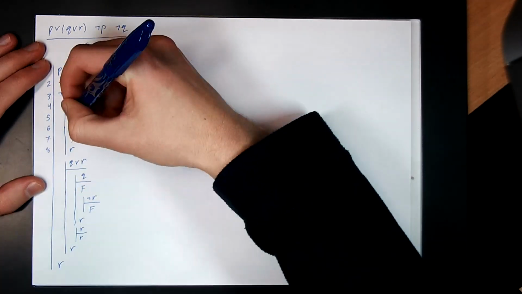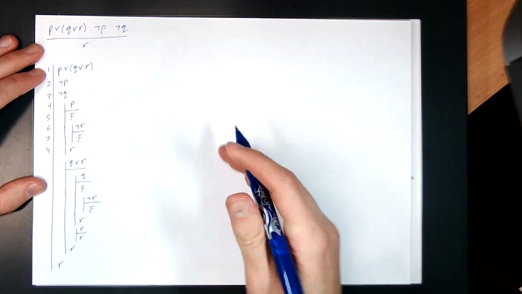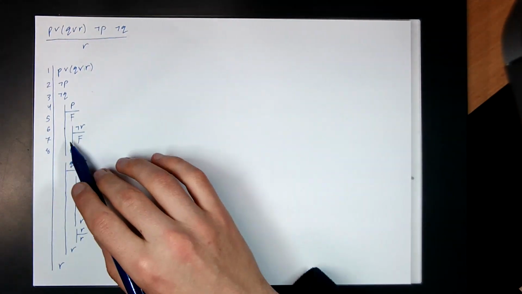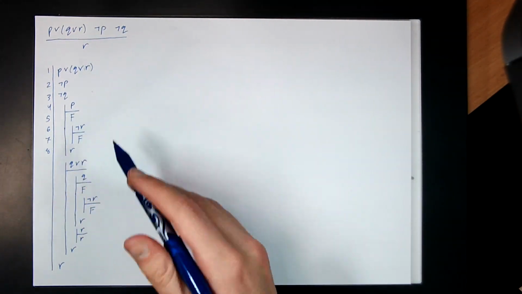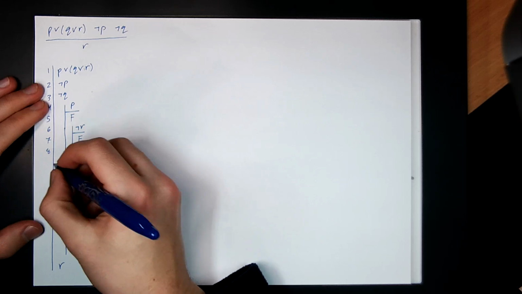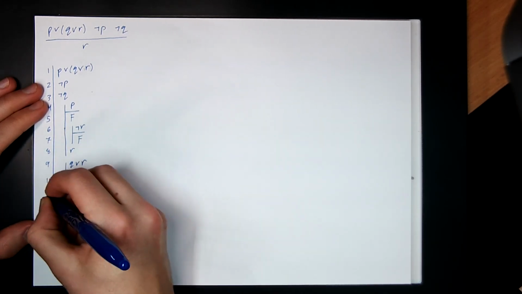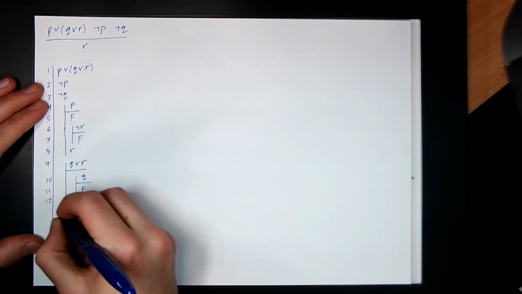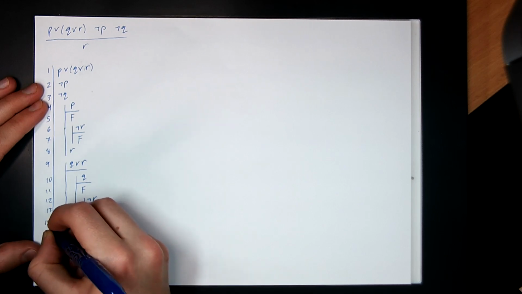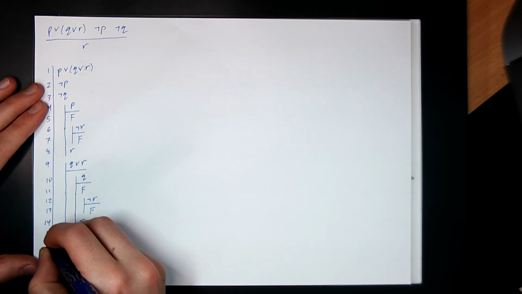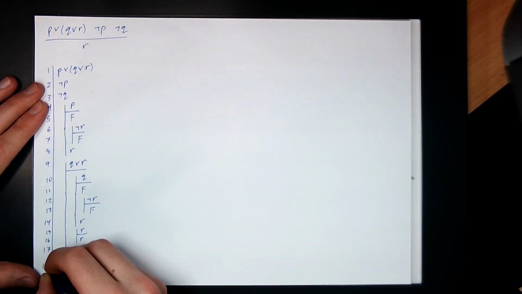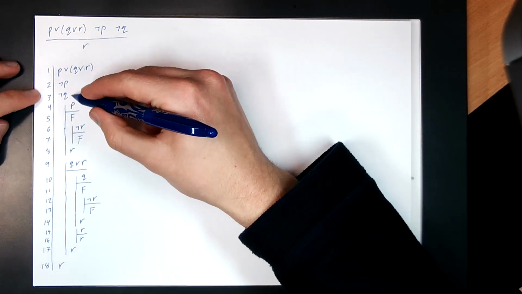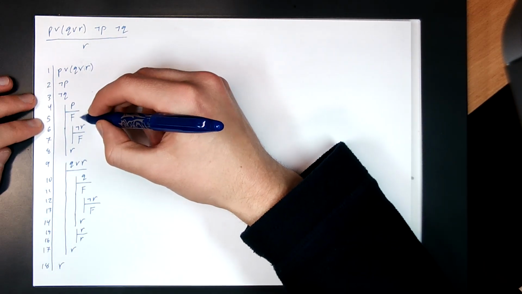You'll also note I deliberately put a really big gap between assumption blocks, so that I don't get lost and don't accidentally jump one down. 9, 10, 11, 12, 13, trying to make sure everything lines up, 15, 16, 17, 18. Okay. Given, assumption, false.